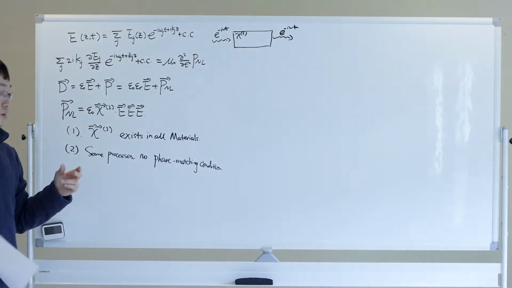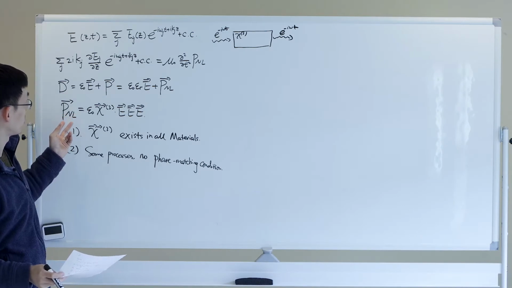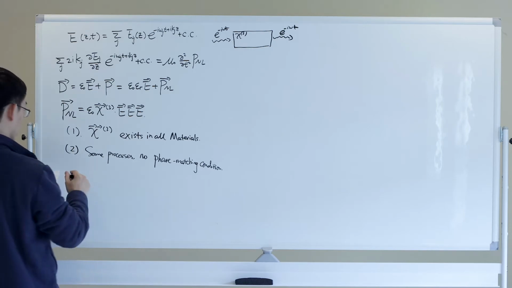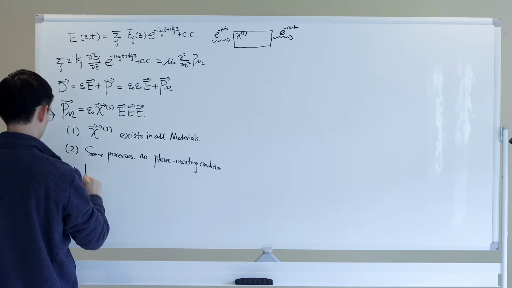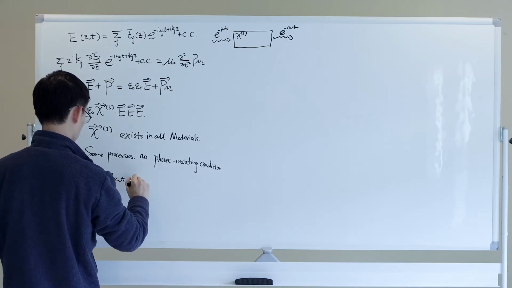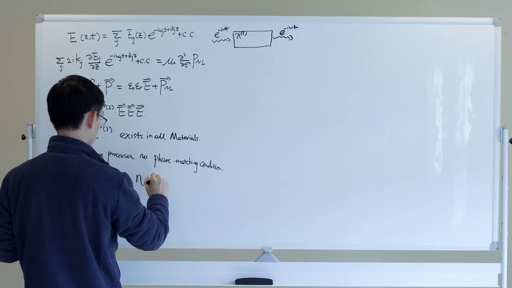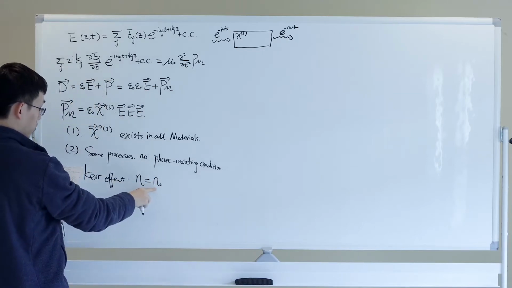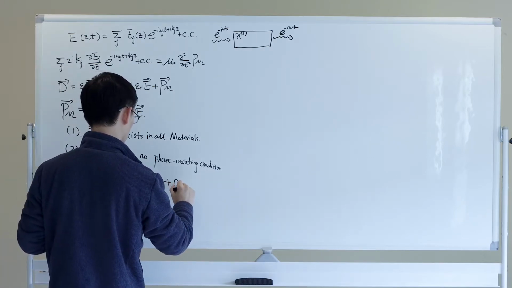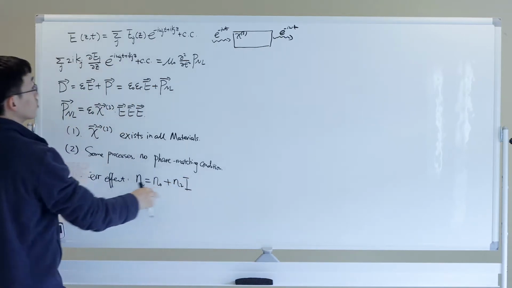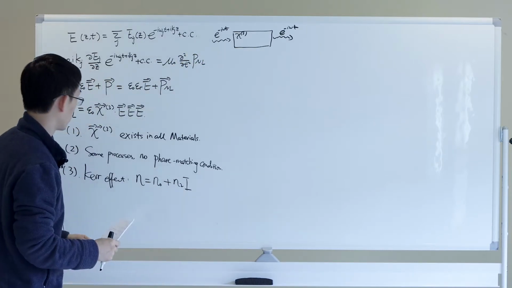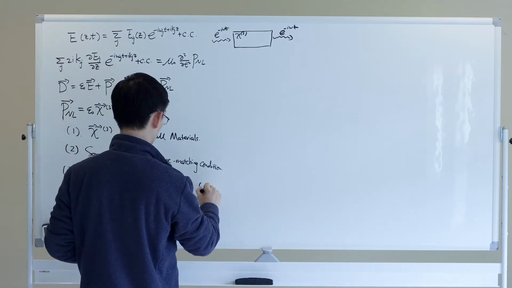In that case, the third order nonlinearity simplifies into a Kerr effect, which looks like this: your refractive index equals your original refractive index without light input plus a term that's proportional to the intensity of your input light.